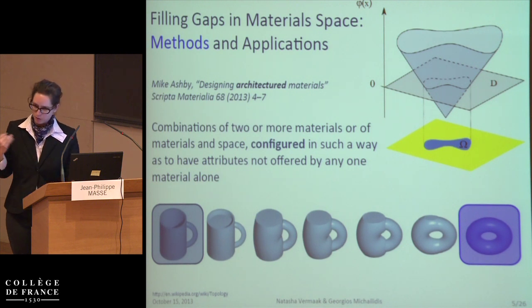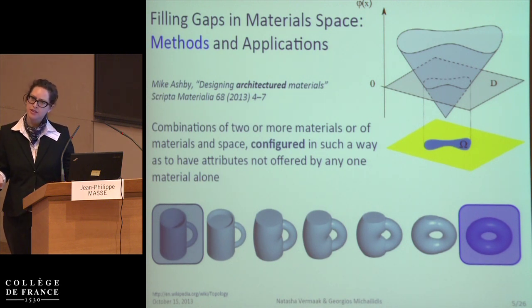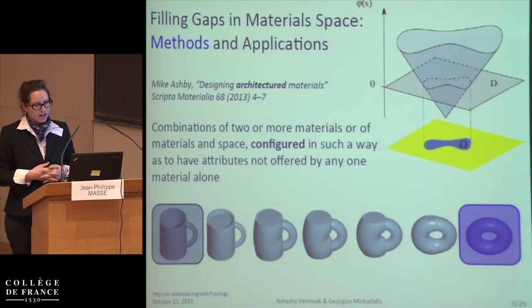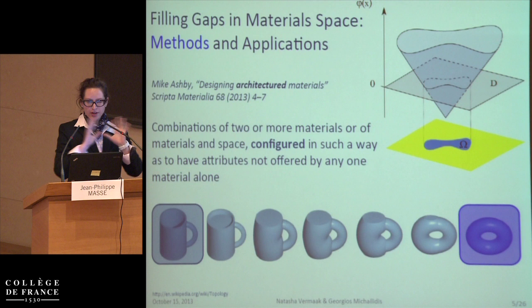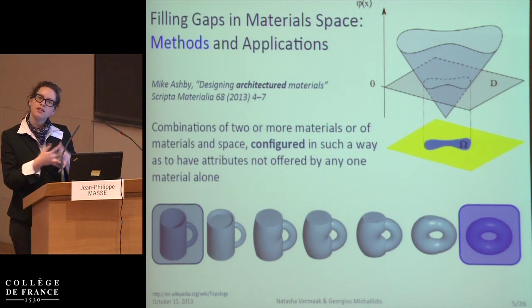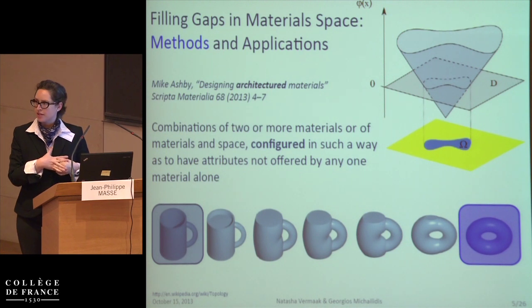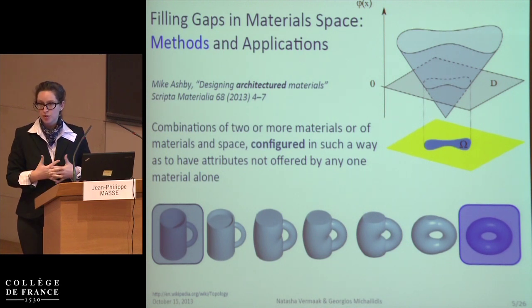Now, instead of black and white for materials or matter in space, we introduce two materials at least to start. And our level set function in this very simple schematic is a cone. This function always has to be one dimension higher than the problem of interest. Today we're sticking with just 2 dimensions.